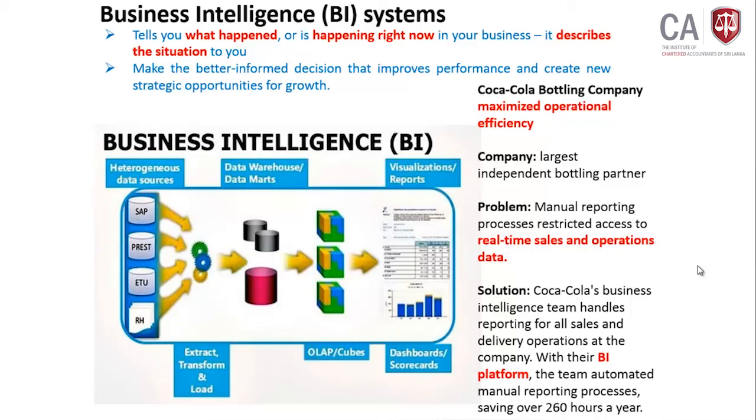So, the platform is looking like this. These data sources are there, right? Data will be coming from different sources, and the data warehouse is there. In the next slide we will explain what the data warehouse and data mart are.